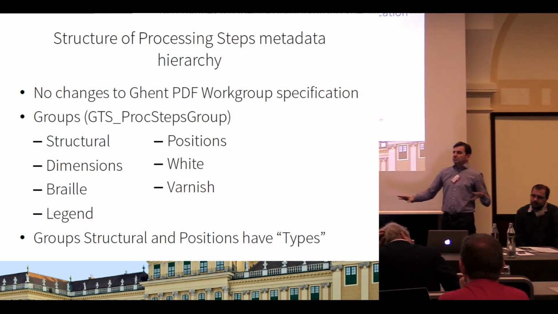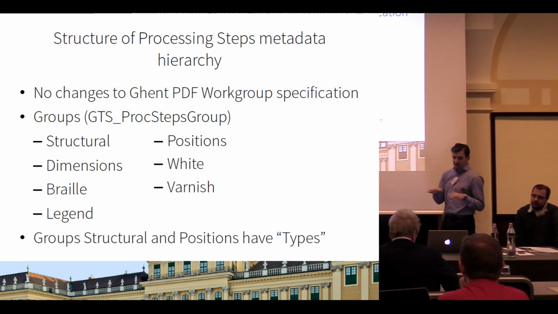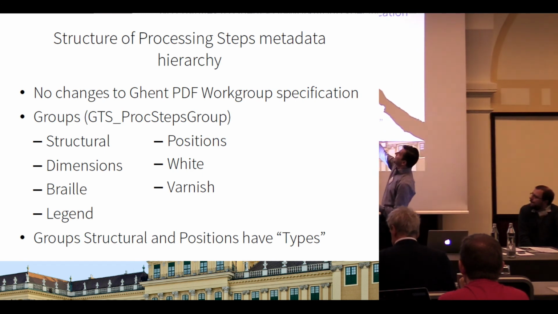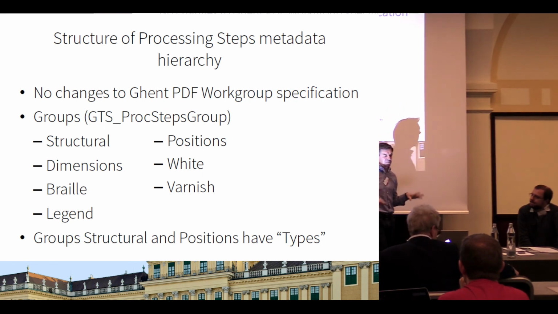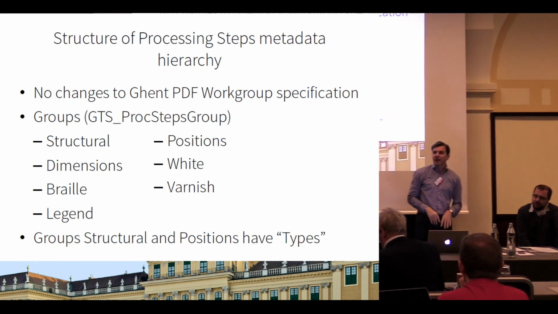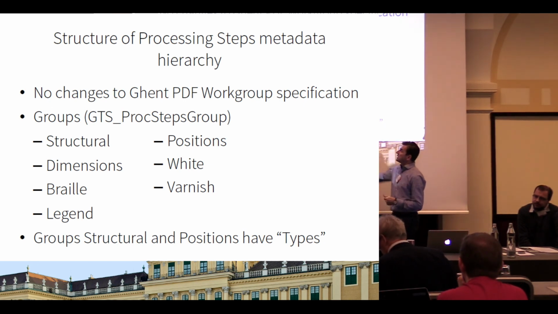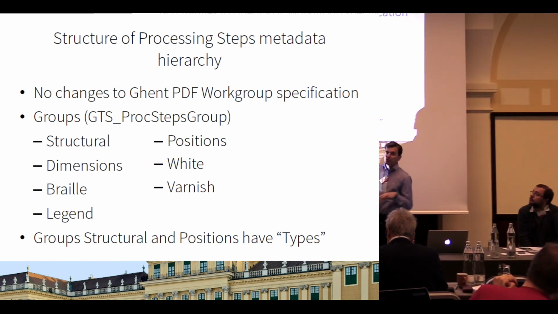Okay, now what actually is in the standard, and this applies to both, to the Ghent PDF workgroup specification as well as to ISO. There are no changes here. I've talked about metadata. I said we have in the processing steps PDF file, we have layers, and each layer has standardized metadata, and that metadata means I have 7 different groups.